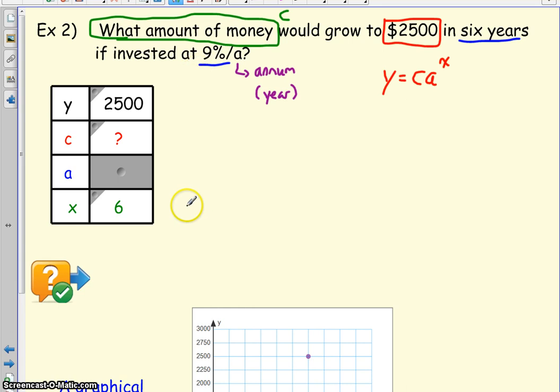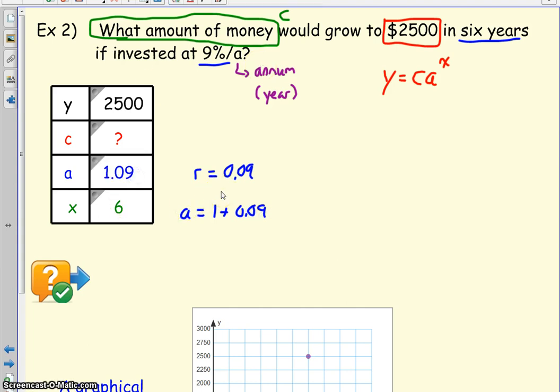So if we're gaining 9%, okay, that means our growth rate as a decimal is going to be 0.09. So again, 9% divided by 100. So we're going to have to add that to 1 to get our base. So our base is going to be equal to 1 plus 0.09, which means our base is 1.09.